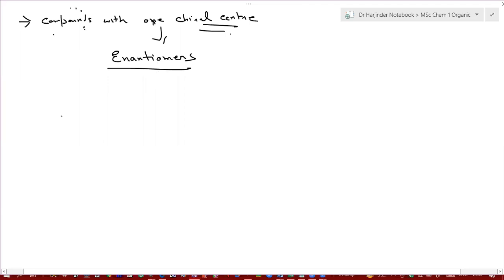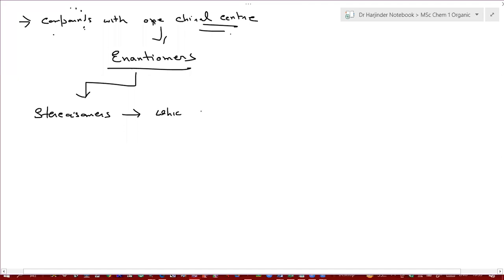How do you define them? Quickly, we have less than 5 minutes. What are enantiomers? These are stereoisomers with mirror images which are non-superimposable.